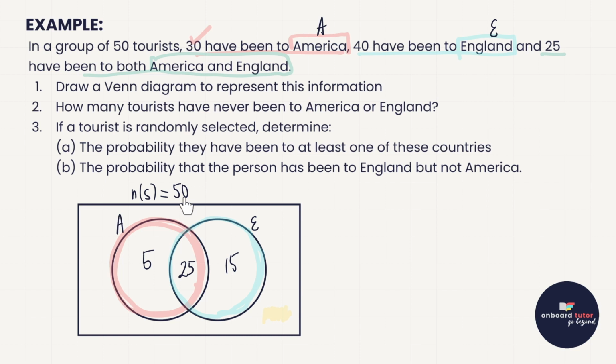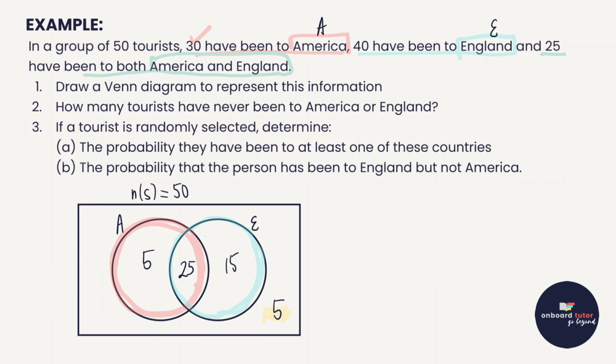And we need to have 50 in our sample space, so that means 5 people need to be written somewhere outside. Out of habit I write them in the bottom corner, but you could write them anywhere in the sample space, just not inside of these circles. Okay, so that's our Venn diagram.